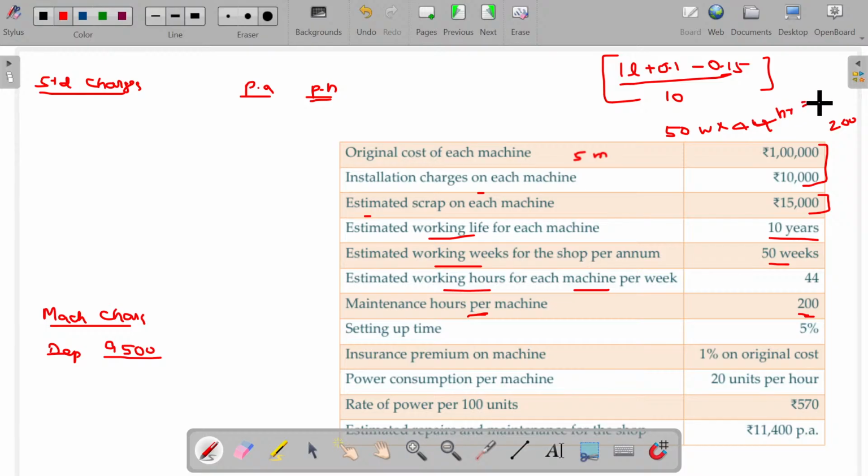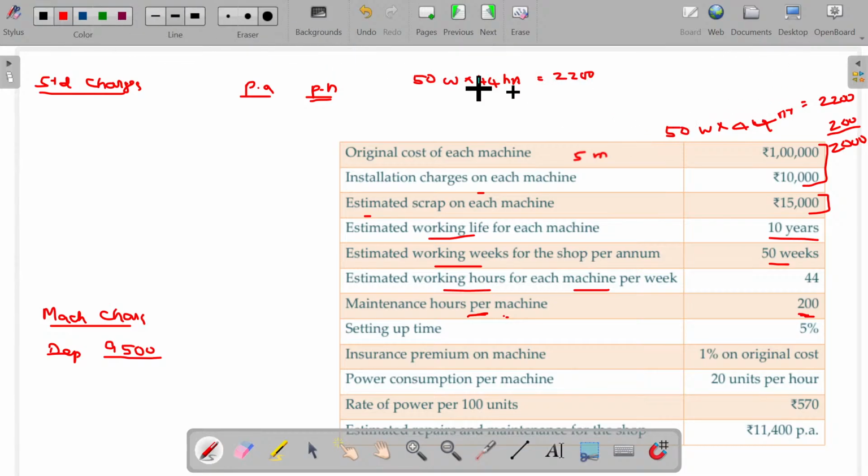Tell me what value you are getting? 2,200. For the maintenance, 200 will go off, so only 2,000 hours you have.